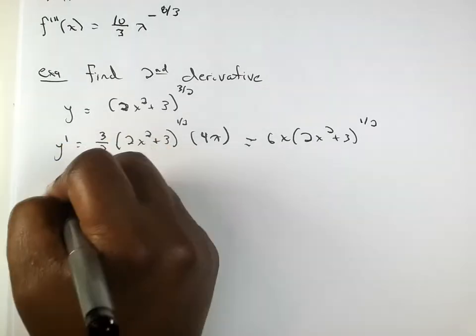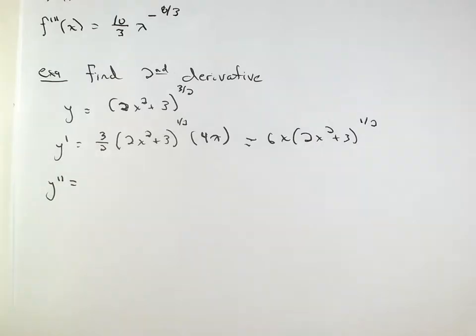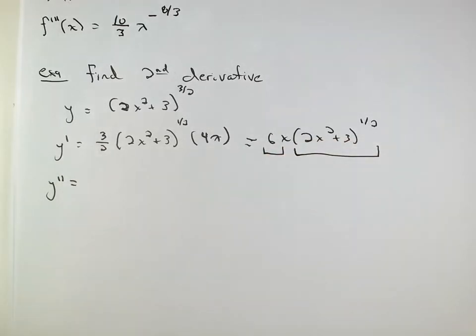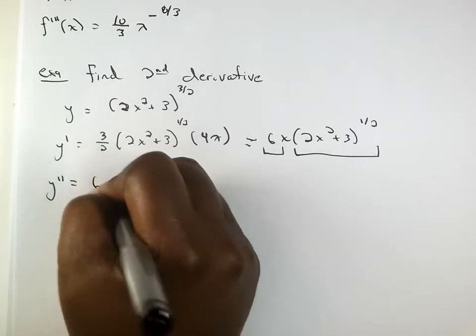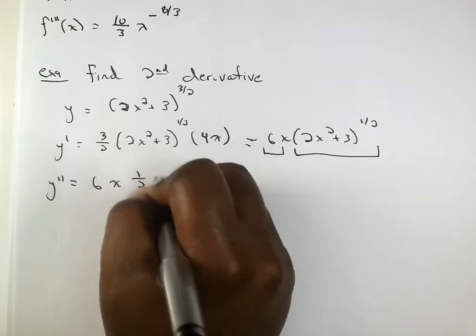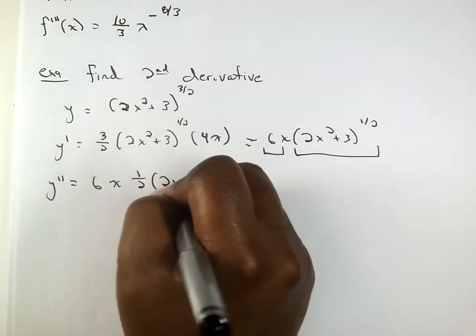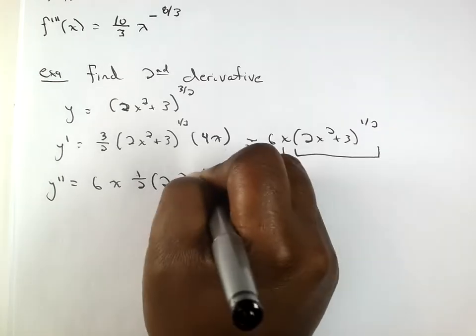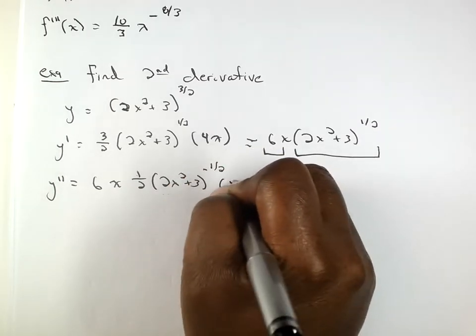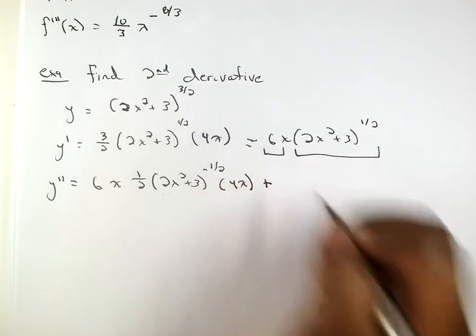Now the second derivative. Now I have to use the product rule and the chain rule. So I'm going to leave that 6x, and then the derivative would be 1/2 times 2x squared plus 3 to the negative 1/2 power, and then the derivative of 2x squared plus 3 gives me 4x.